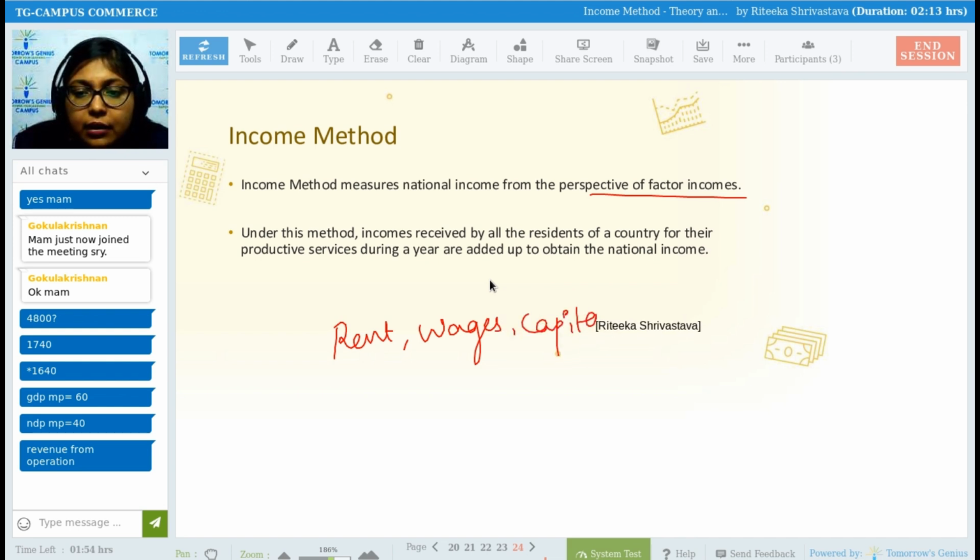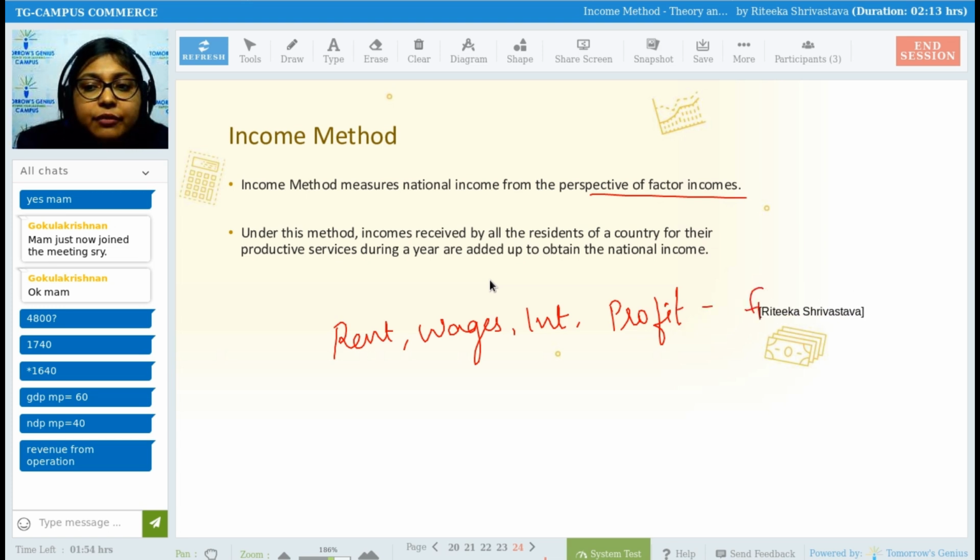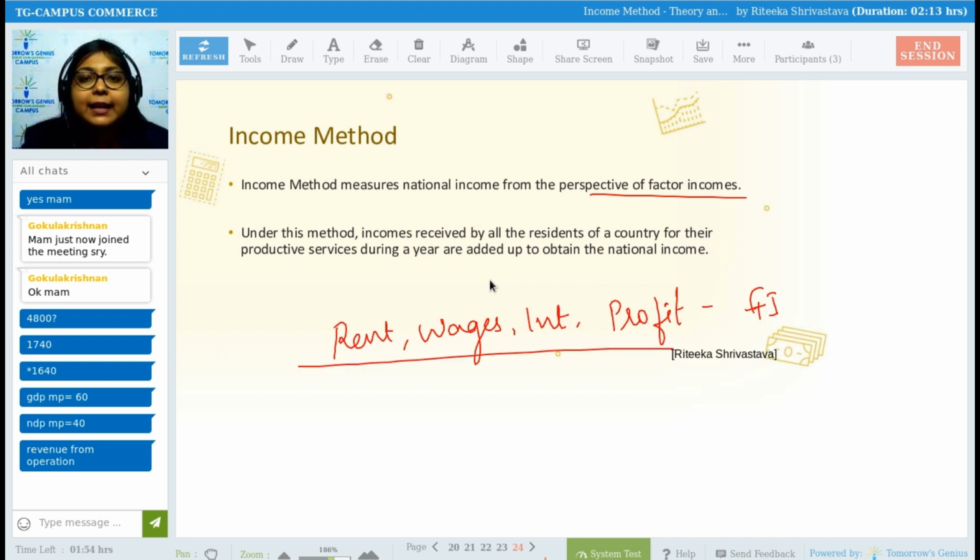Rent, wages, interest, and profit. These are the factor incomes of the country. So we are going to include all these four things while computing national income through the income method.